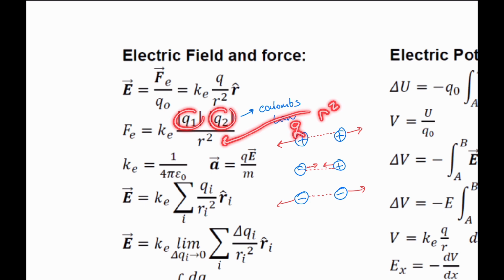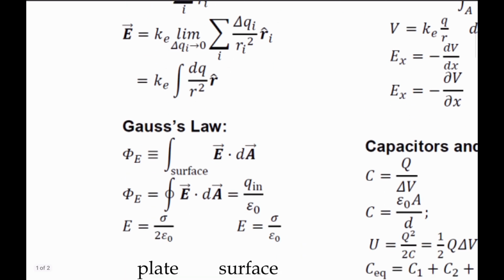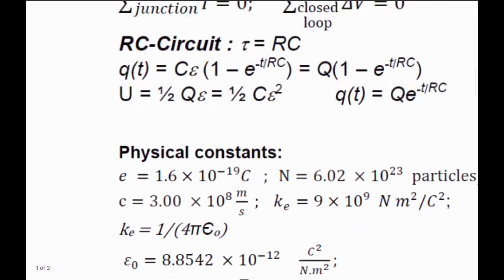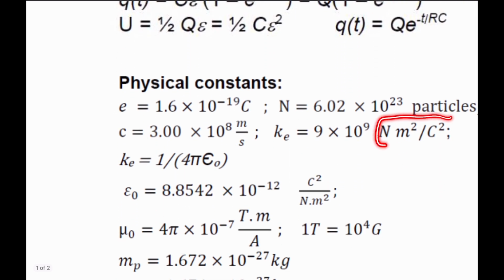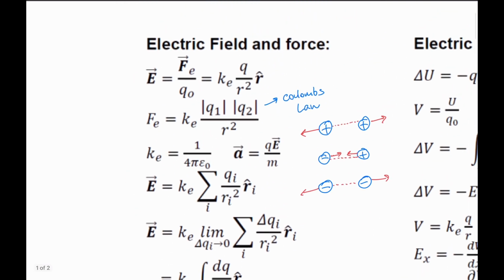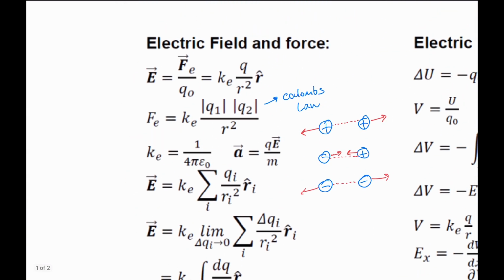you multiply on the top by the actual magnitude of these charges, you multiply by KE, and if you remember, KE, if we go down to the constants, has these units, Newton meter squared per Coulomb squared. So if you plug in all the units in this equation, Newton meter squared per Coulomb squared, then we multiply by C and we multiply by C for the two charges, and we divide by meters squared for the radius.